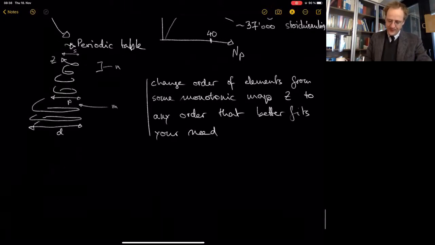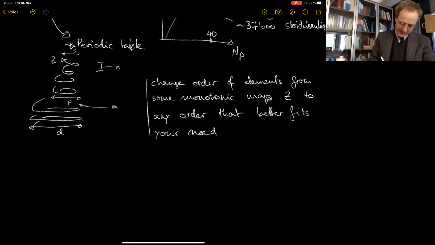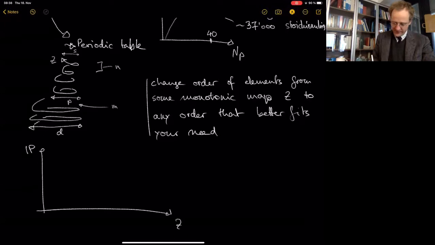In particular, as you know, for instance, the ionization potential as a function of Z also reflects the periodicity. Looks something like this.